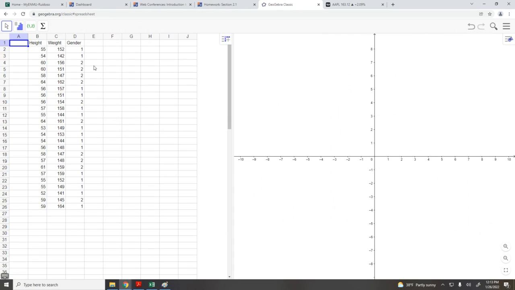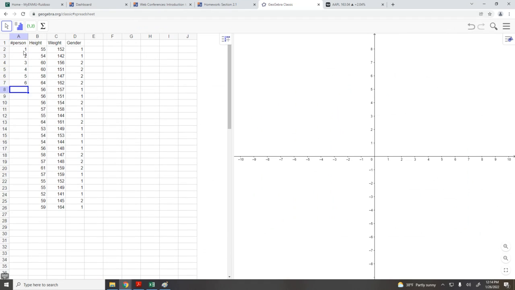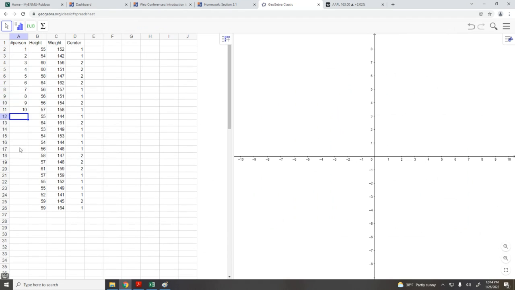So person, number of person, and just let me write down 1, 2, 3, 4, 5, 6, 7, 8, 9, 10. Okay, let me just go for only 10 people over here, and let me choose these two things. Okay, all right, let me do that.